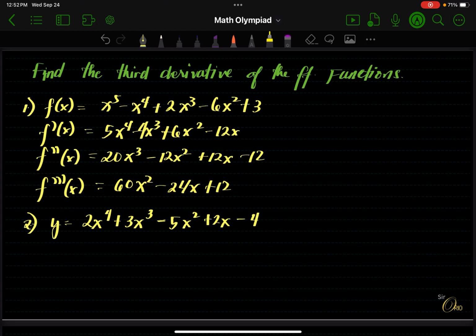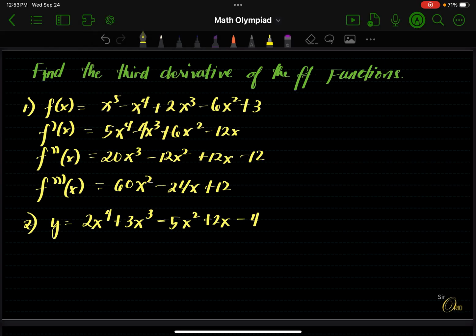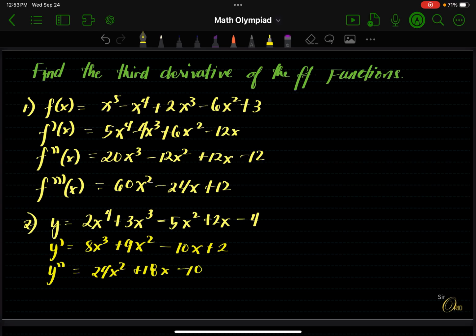Let's have more example. Number 2. Y is equal to 2x raised to 4 plus 3x cubed minus 5x squared plus 2x minus 4. First derivative of this is 8x cubed plus 9x squared minus 10x plus 2. Second derivative, this is 24x squared plus 18x minus 10.